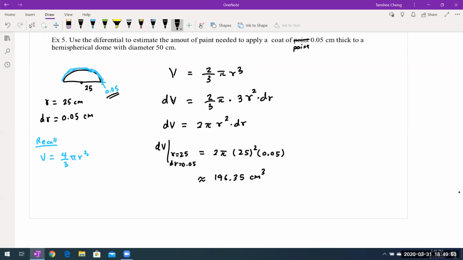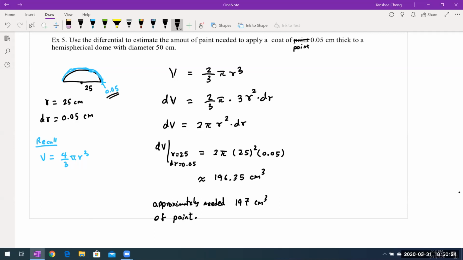So the final interpretation will be: approximately 197 centimeter cubed of paint is needed. And that concludes my problem in this case.